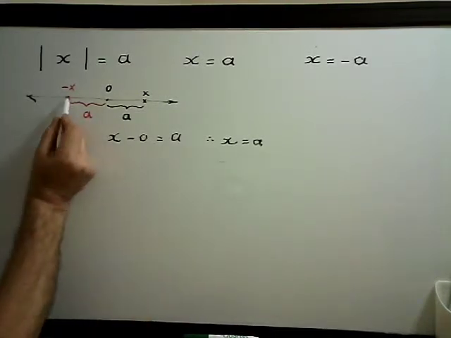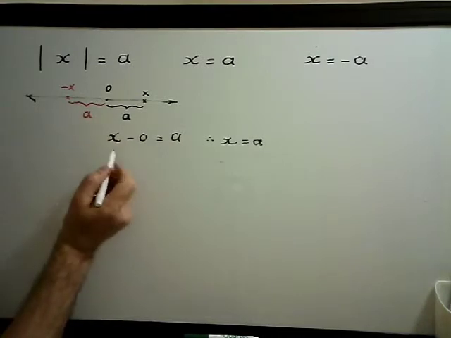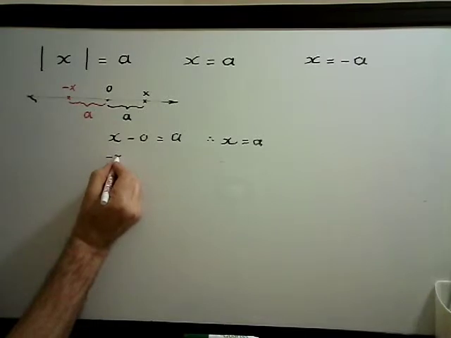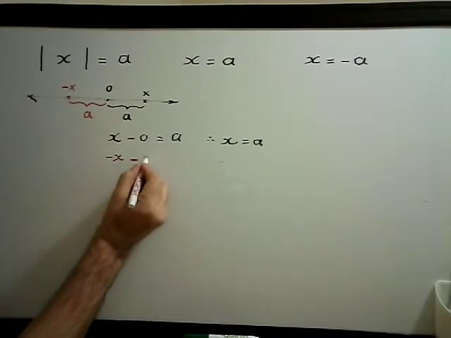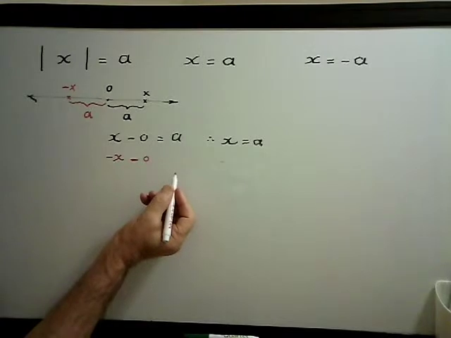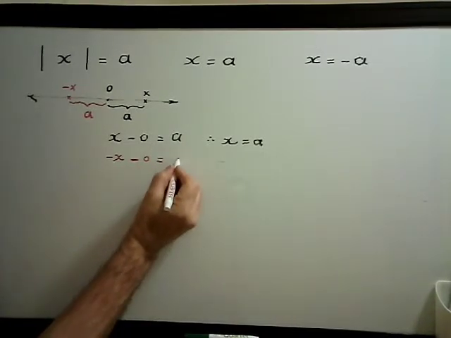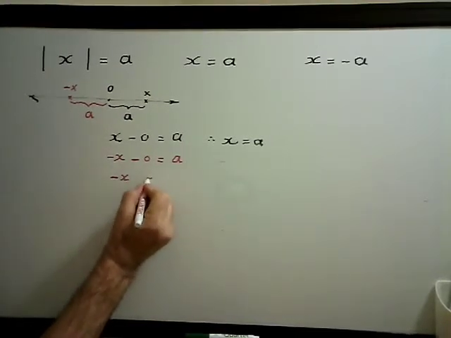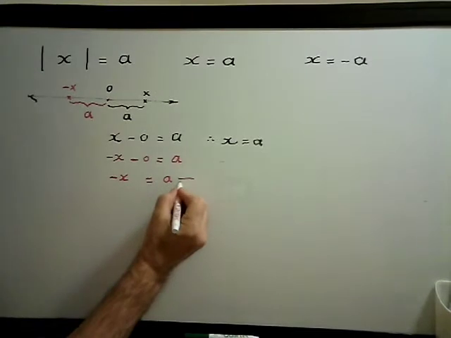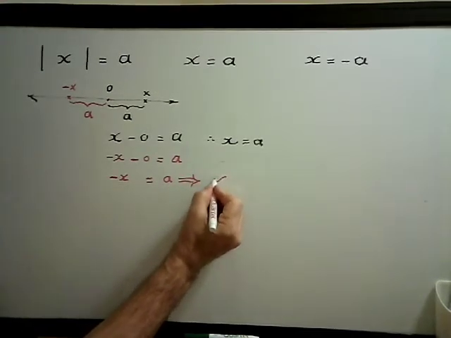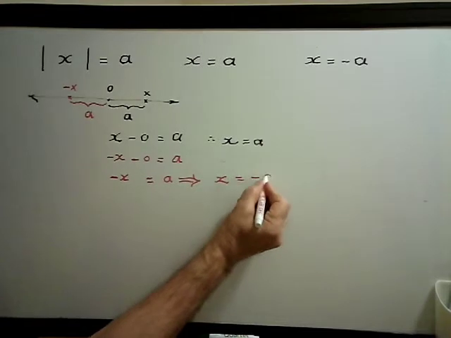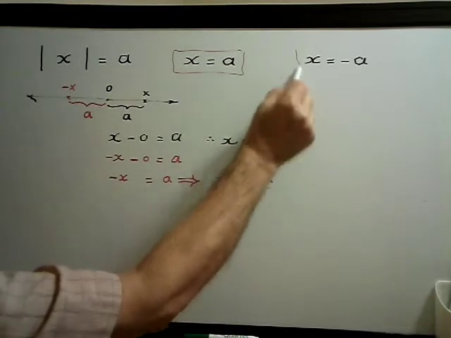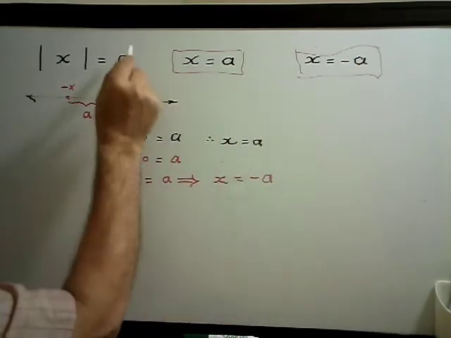So we can say the distance between these 2 points, negative x minus 0, is a, which means negative x is equal a, i.e. x is equal minus a. That's why we have these two situations to solve this equation.